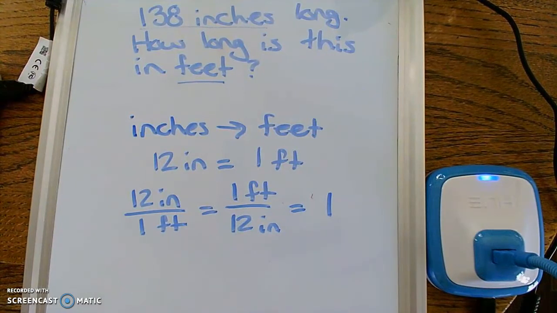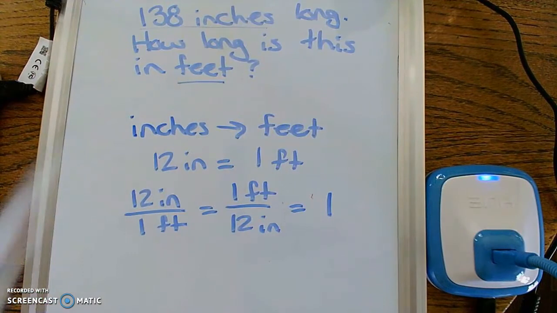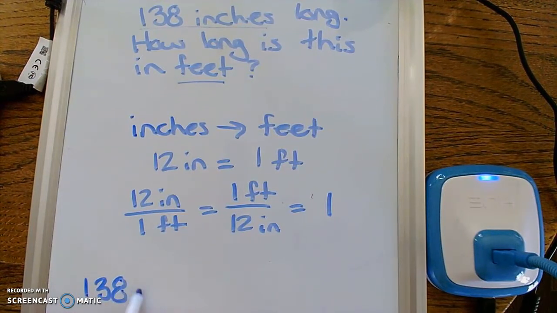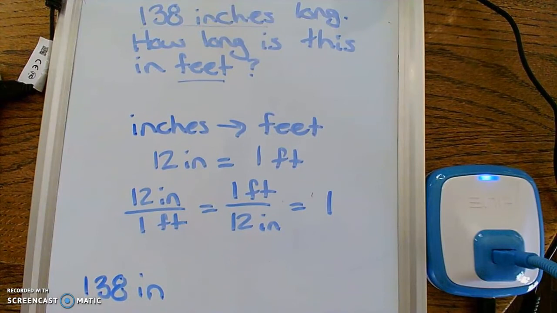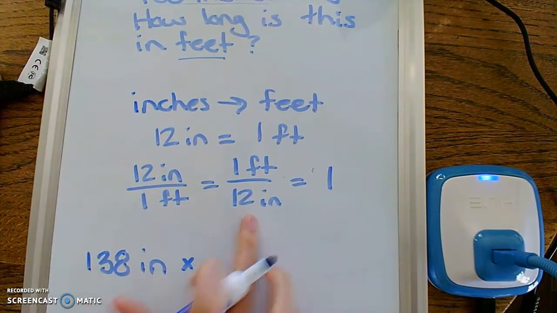So back to the problem, we are starting with inches and we're trying to get to feet. So that means we're going to have to cancel inches out. So we have 138 inches that we are starting with. And we want to multiply it by one of these conversion factors to cancel inches and end up in feet.